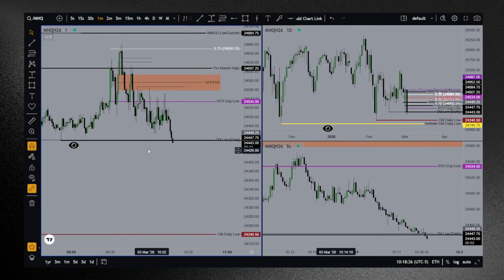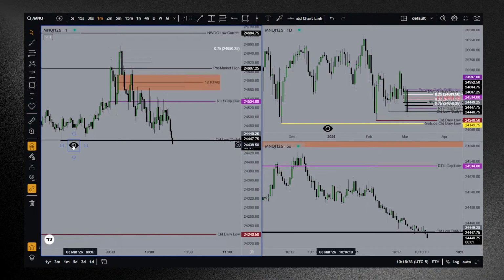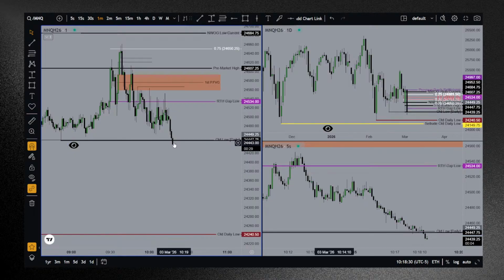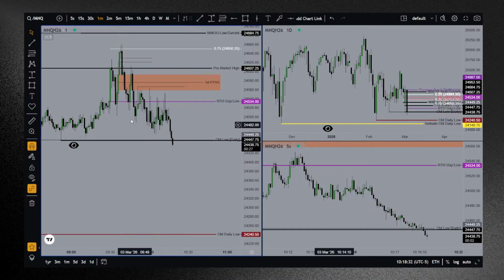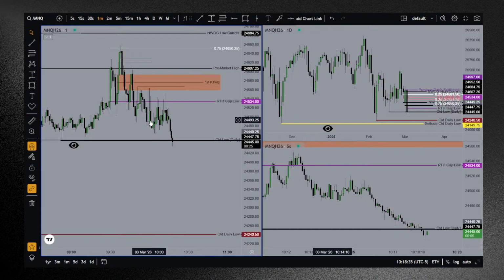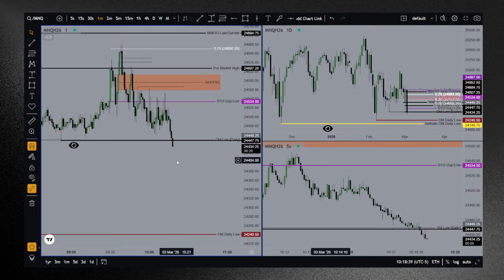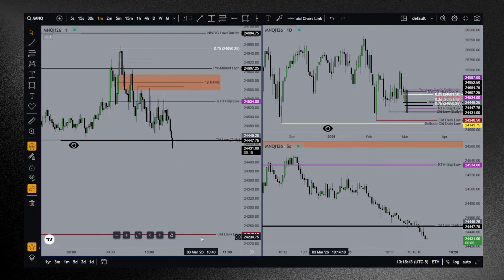And basically after this delivered here, with those high resistance liquidity run conditions, the next objective, or the next idea that I have in mind, is here, the old daily low, right?